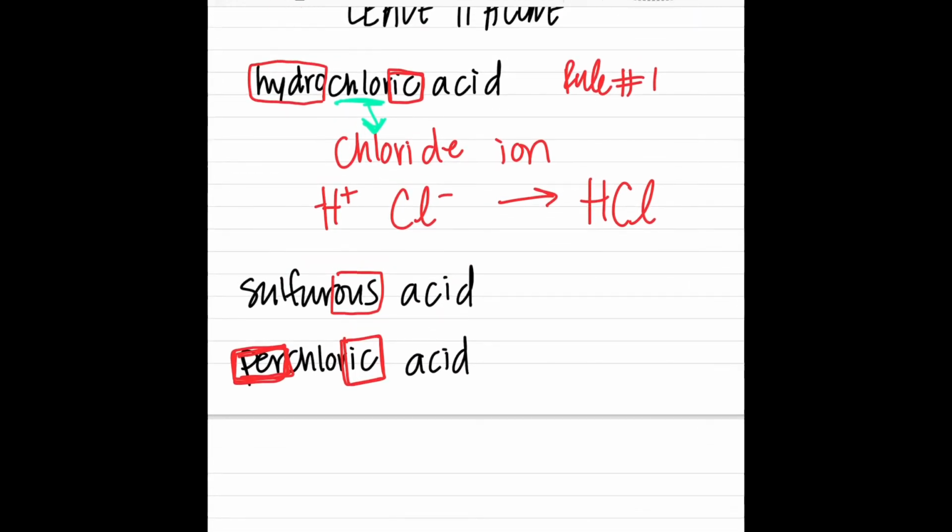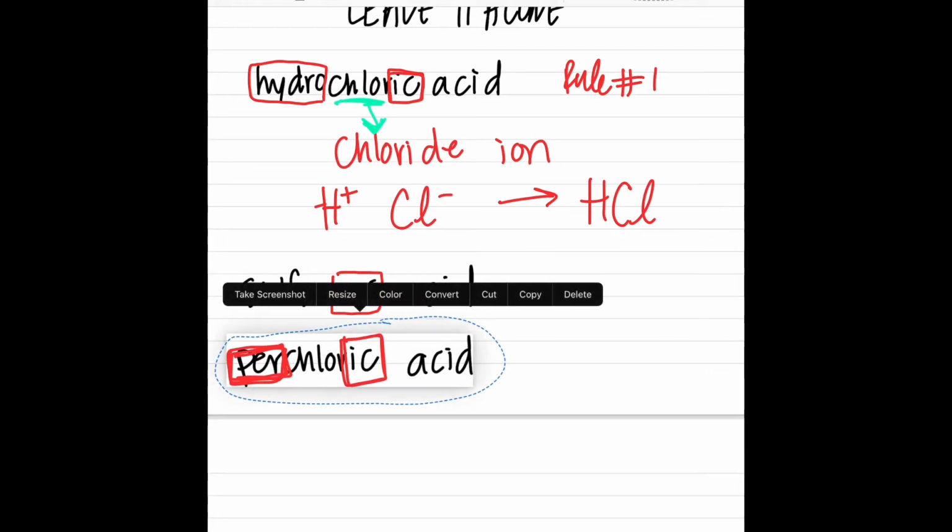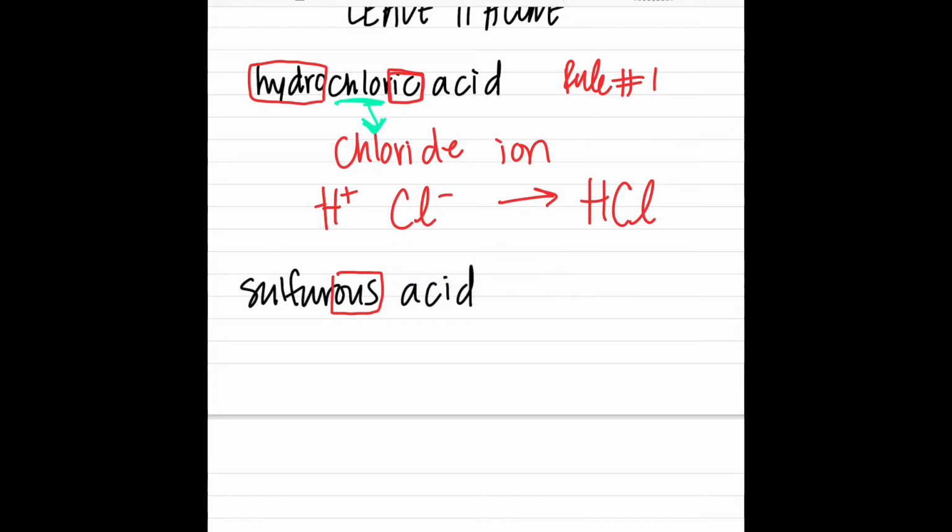Okay, so let's try this with another one, the one for rule 2. So I'm going to take this and move it down. Oh, I got the box in there. Let's try this again. There we go.